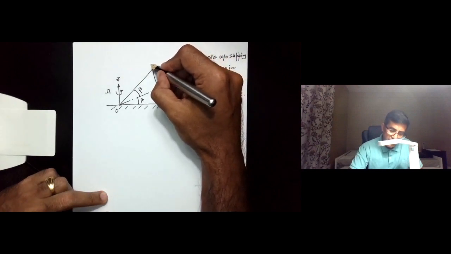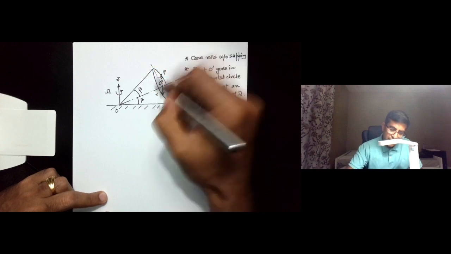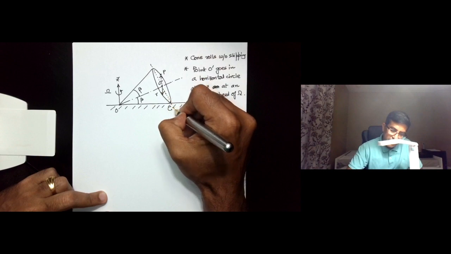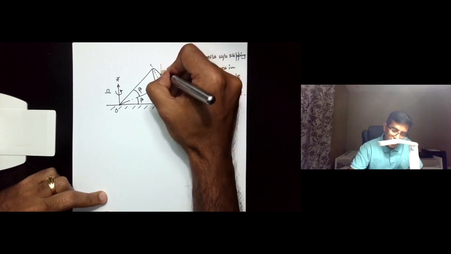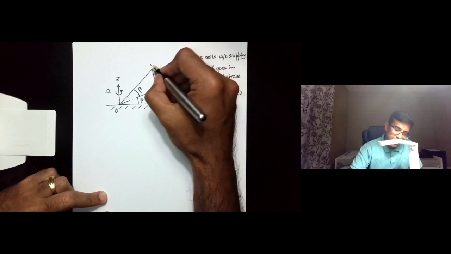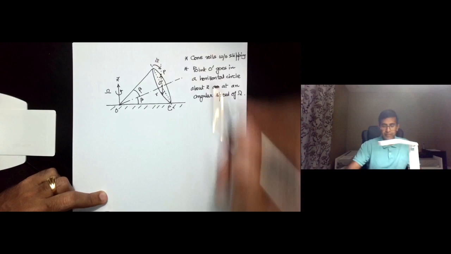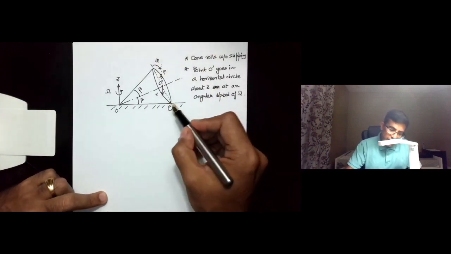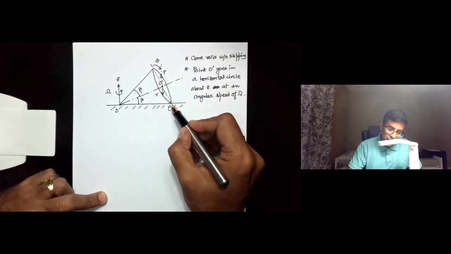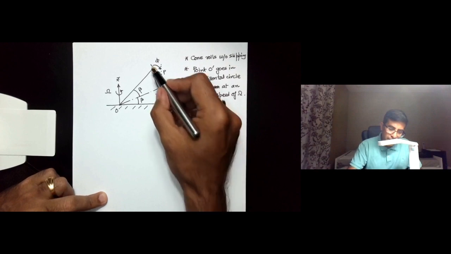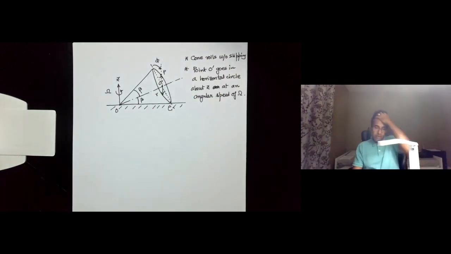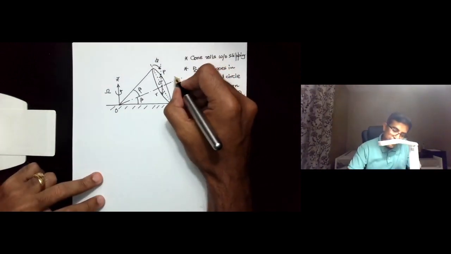Furthermore, the segment O prime P makes an angle phi with this diametrical line, which is going through C, through O prime, and through the topmost point of the base circle.